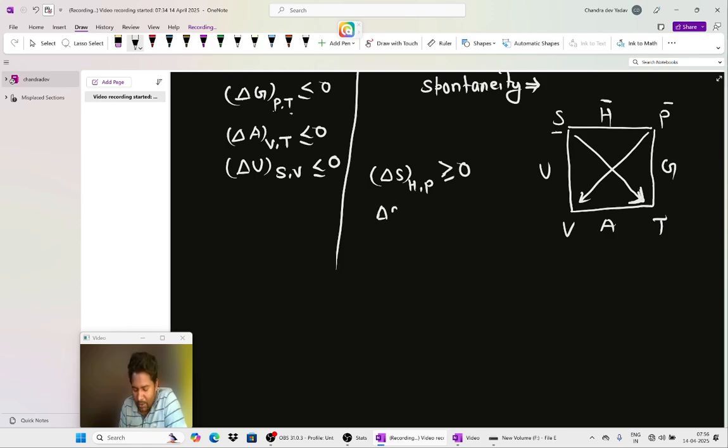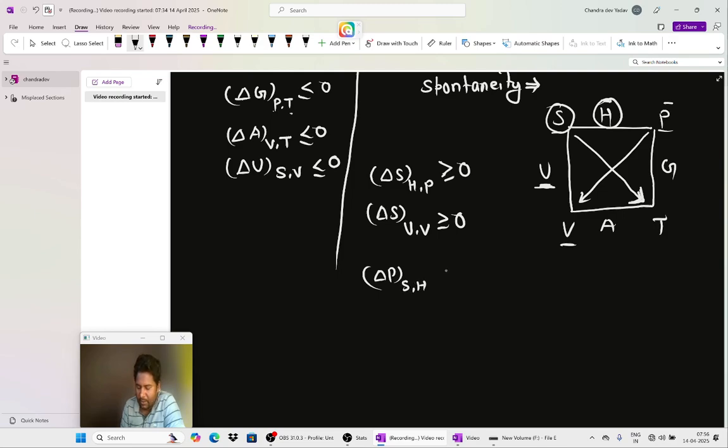Another is entropy change at constant internal energy and volume, also greater than 0 or equal to 0, then the process will be spontaneous. We can write the same pattern for pressure. Pressure change at what constants? Enthalpy and entropy.